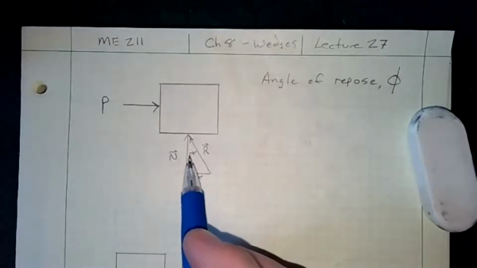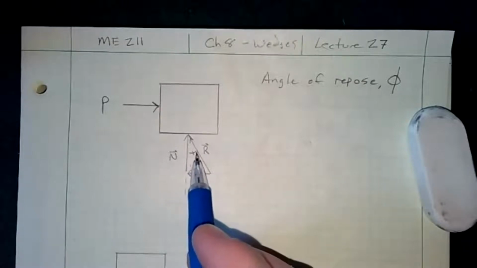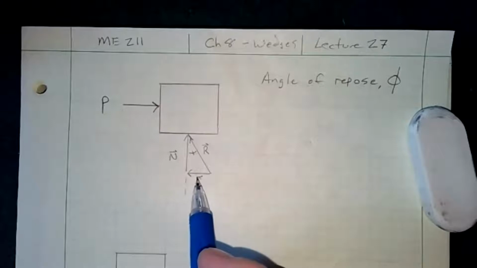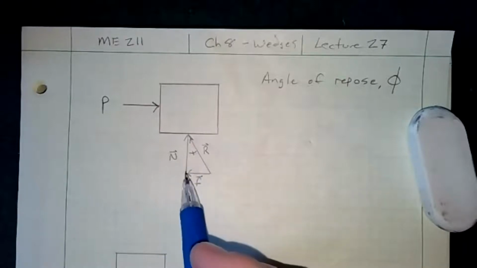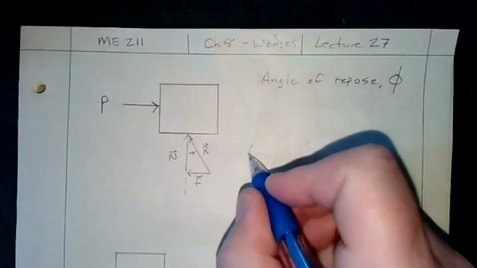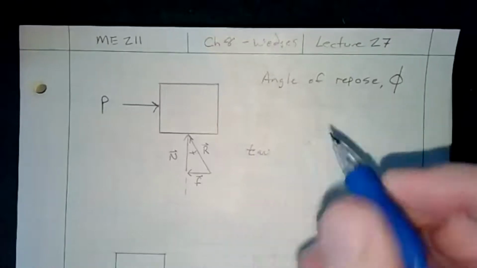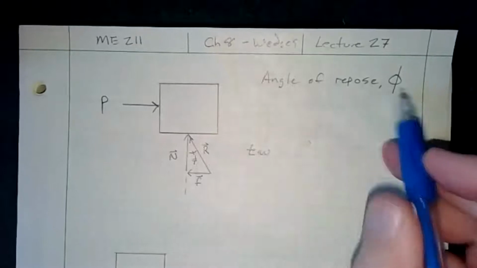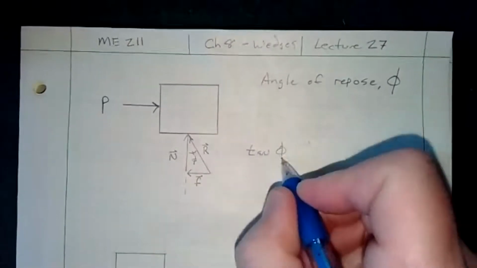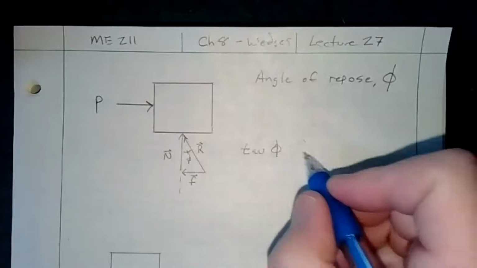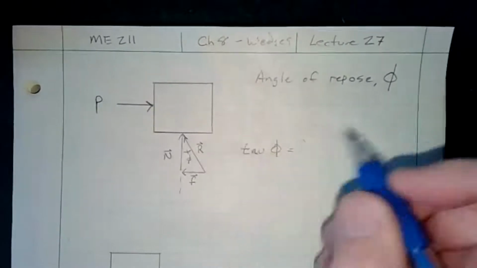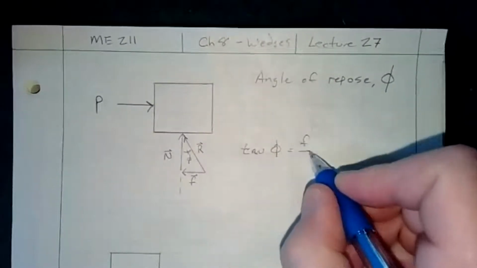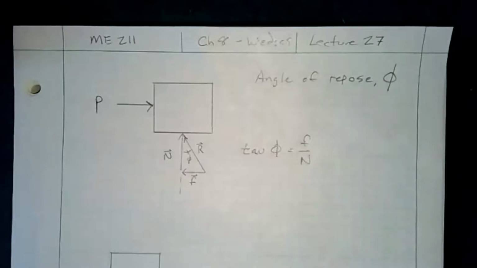Now, if we want to know what the angle is here, then as in any right triangle, it's going to be the tangent of this angle. We'll call this angle phi, angle of repose. So tangent of phi is equal to the ratio of the friction force over the normal force.